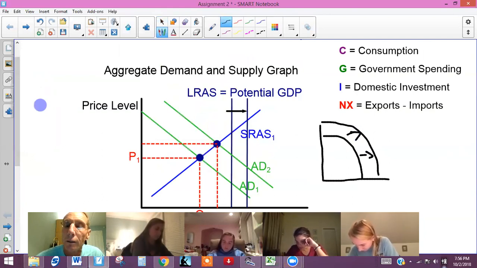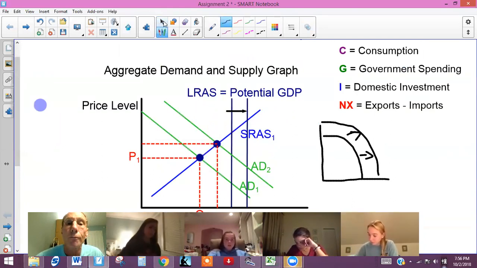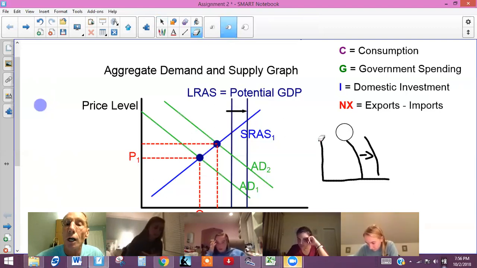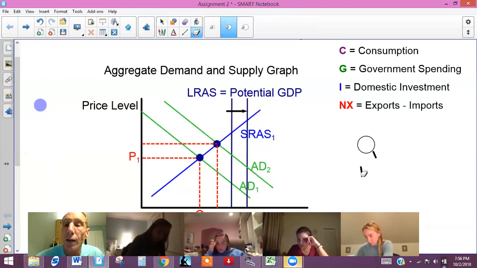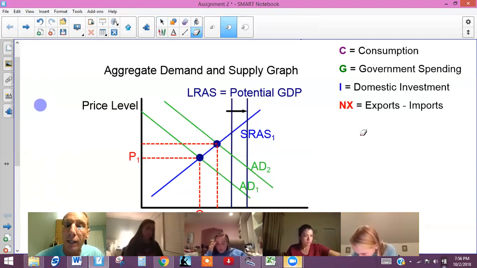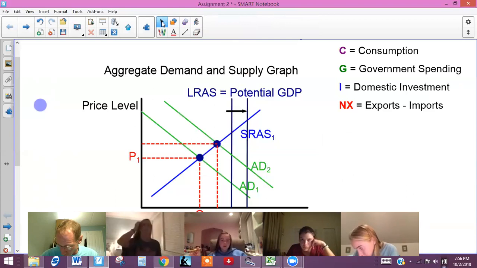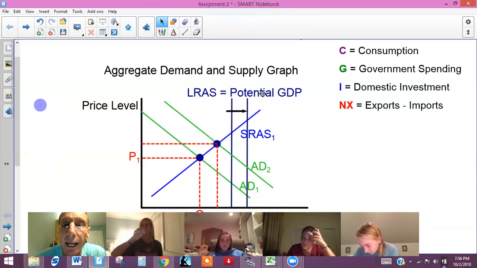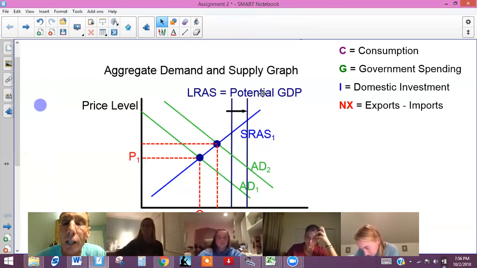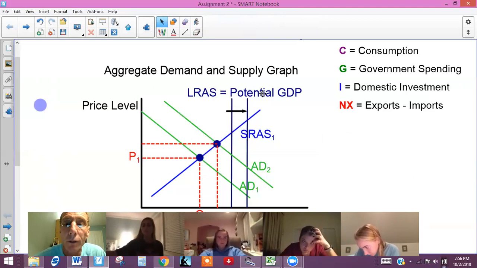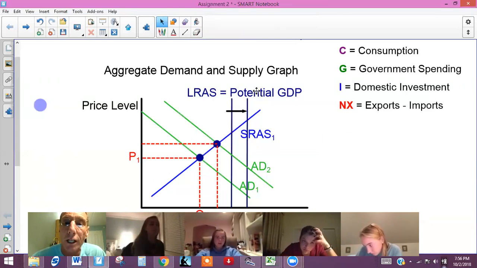So the long run aggregate supply is increasing and shifting outwards, right, because when you have an increase in investment, you have an increase in capital stock. In other words, there are more factories being built, and you have an increase in the productive capacity of the economy, which is what this is, the productive capacity, the potential for what we could produce.